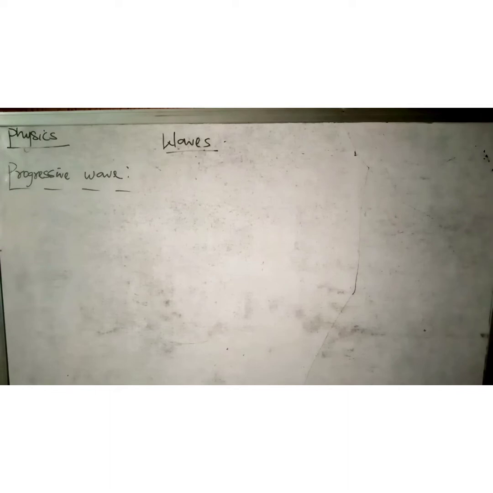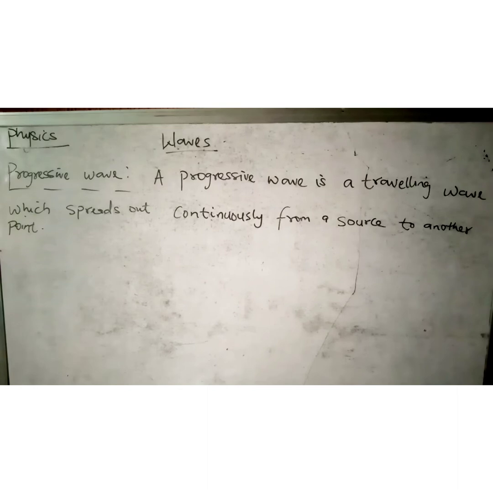A progressive wave is a traveling wave which spreads out continuously from a source to another point.